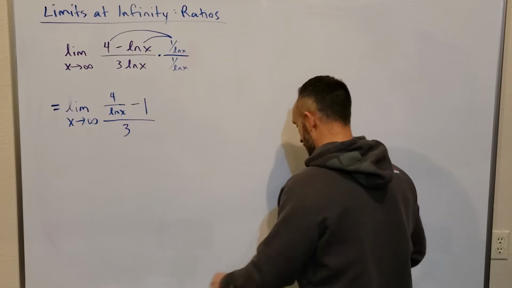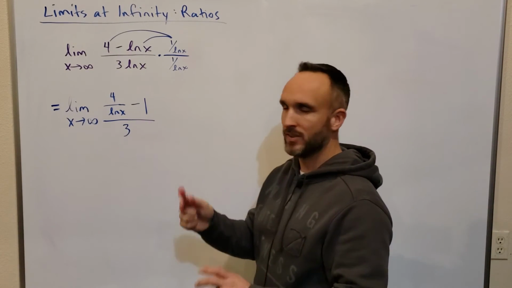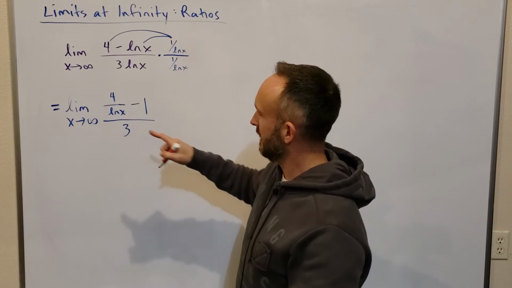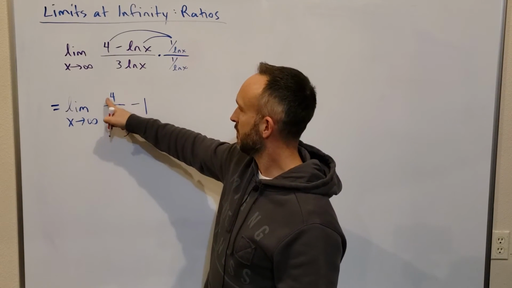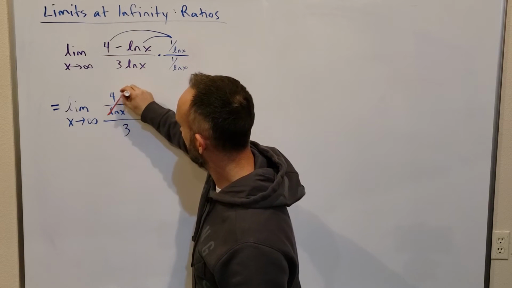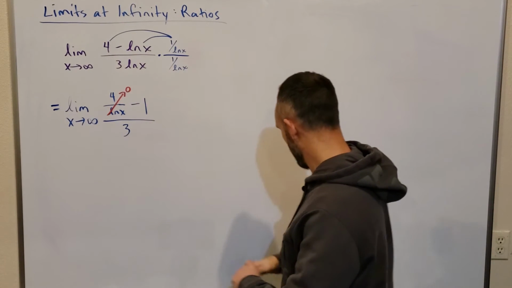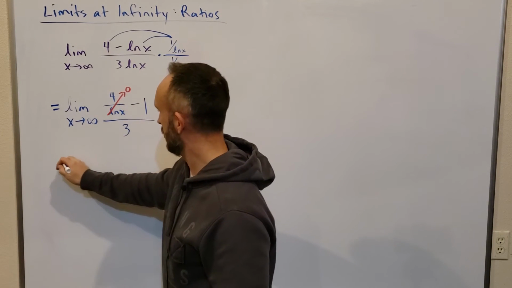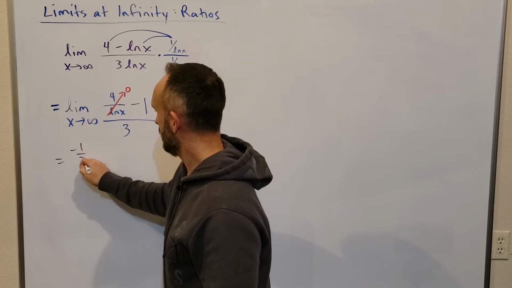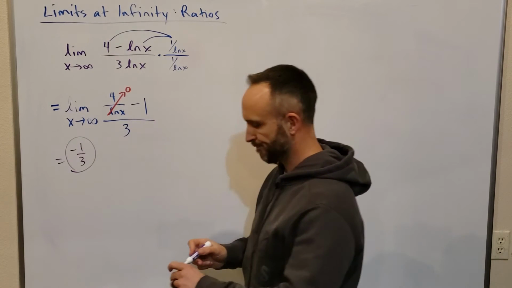And so now I'm going to pick up my old friend, the trusty red marker, and as x goes to infinity, the natural log of x goes to infinity. So 4 divided by that goes to 0. And so we can see that as x goes to infinity, this ratio goes to negative 1/3.